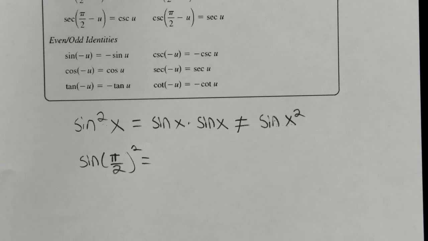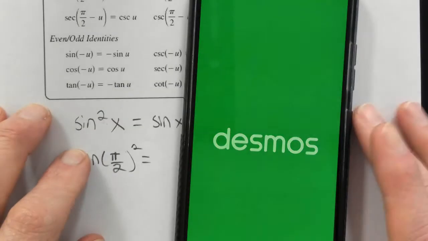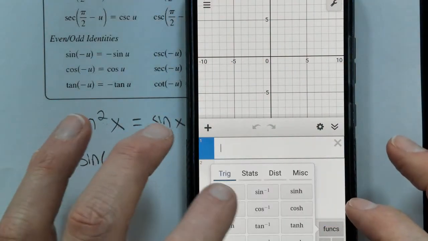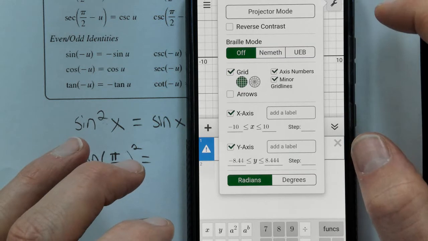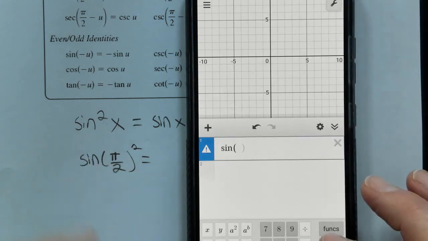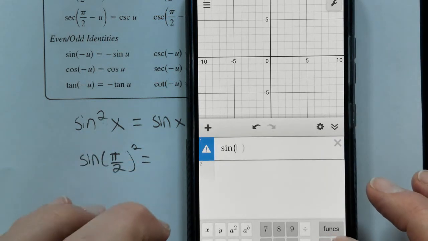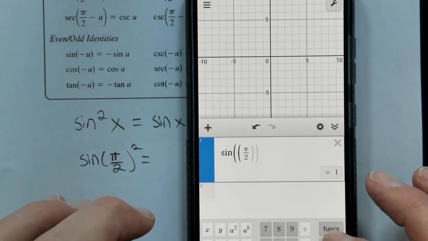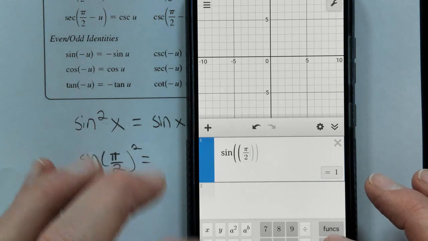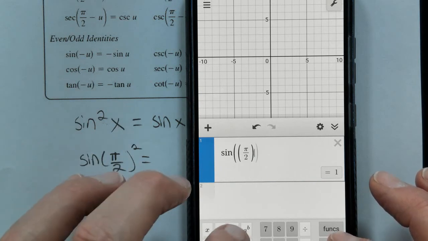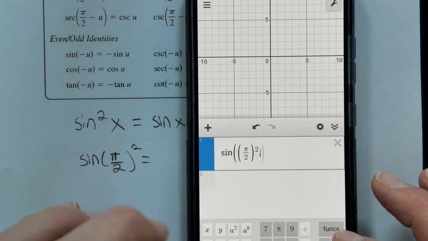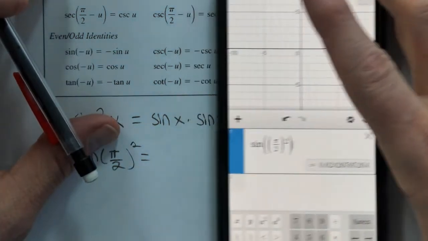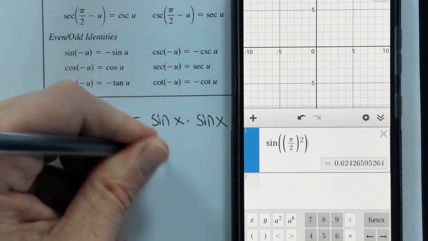How can we do it? Let's just go right into Desmos and see if we can get a value. So I want sine, am I still in radians? Yep. Let's say we want sine of, need another set of parentheses, pi over 2. We'll close that off, and I want that to be squared. Okay, so notice the value of this is 0.62.